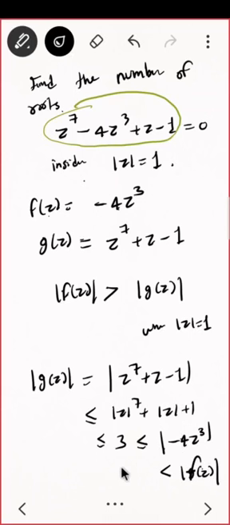Whenever you are given an equation in a domain, you have to break it into two functions f and g such that mod f of z must be greater than mod g of z. You have to decide. Since mod z equal to 1, I saw the coefficient here was 4, so it is better to take this term as f and keep the other terms aside. Do you see all the conditions of Roche's theorem are satisfied now?